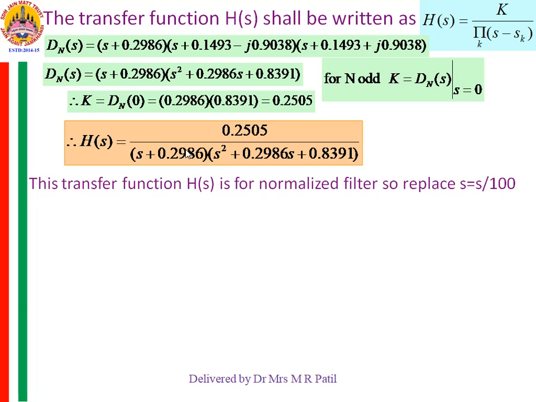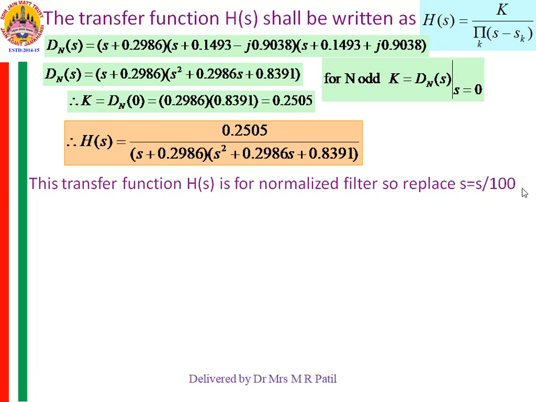Now this is the transfer function for a normalized filter. So for the prototype filter, we have to replace S in this equation by S by 100 radians per second. Given omega P is equal to 100 radians per second.